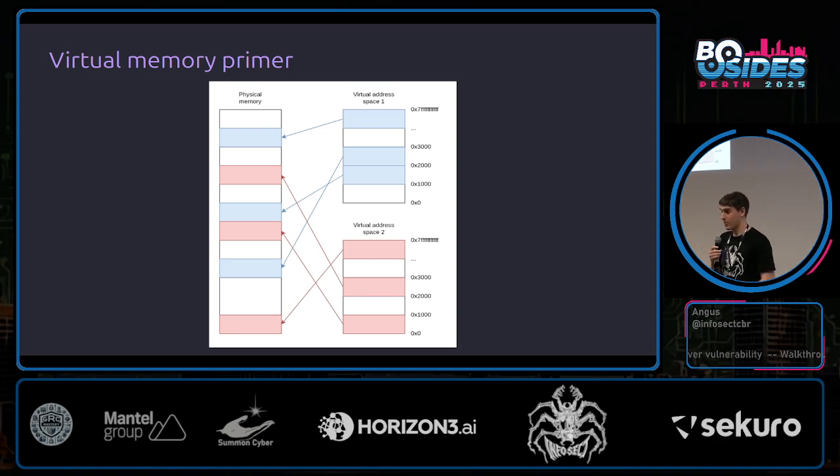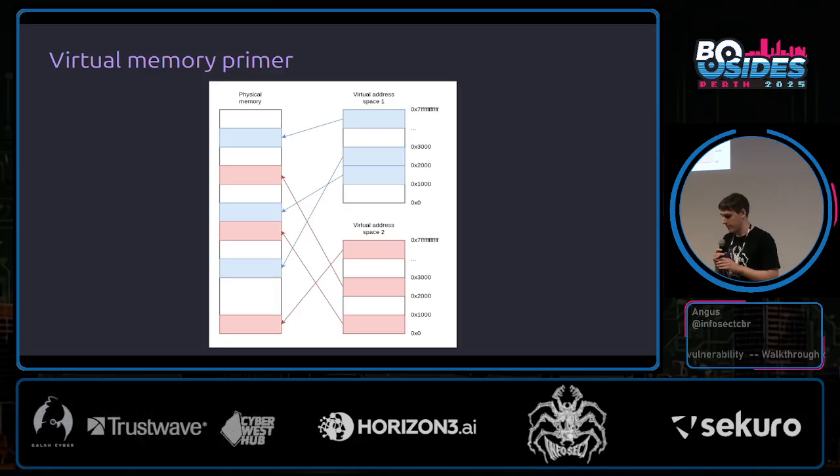Under the hood, what's actually happening is the OS, the operating system, and the hardware work together to give every process their own independent virtual address space that's entirely isolated from virtual address spaces of other processes. These virtual address spaces are broken up into fixed size chunks known as pages. Typically, they're going to be 4,096 bytes in size, or hex 1000, as we see in this diagram.